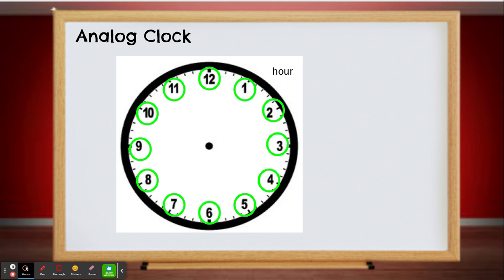But there's a way we need to represent the hour. If you notice on an analog clock, there are 2 hands. The small hand represents the hour of our time.